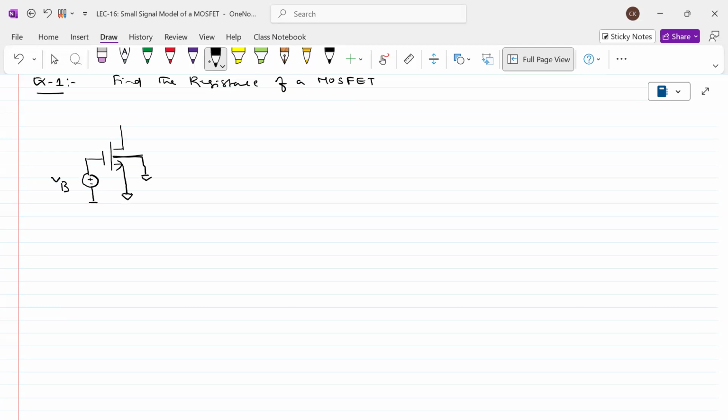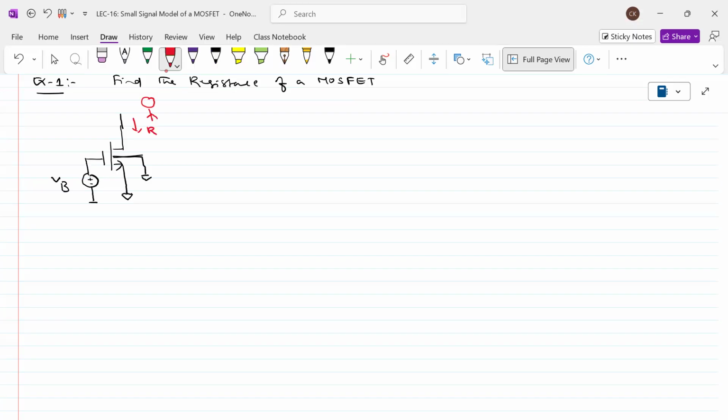I want to stand at the drain and look at what is the resistance offered by this MOS transistor.